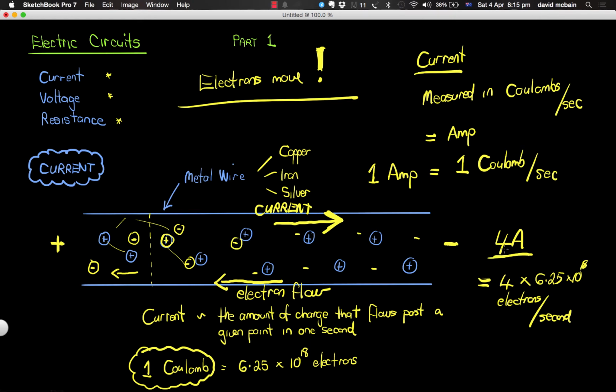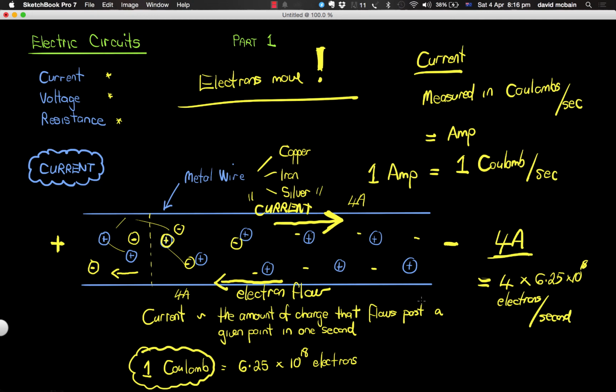Now, if you calculate the current to be 4 amps and the direction of current is in that direction, then it's very safe to assume there would actually be 4 amps of electrons moving in the opposite direction. So in terms of calculations, these signs don't have any effect. We just need to be aware that the direction that the electrons are moving is the opposite direction to the direction of current.